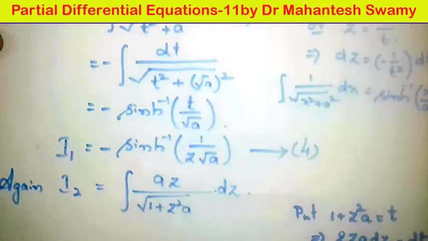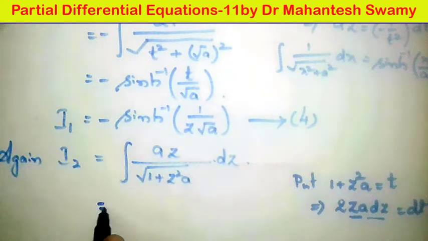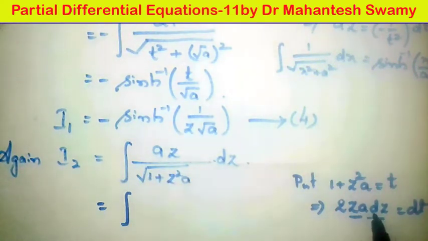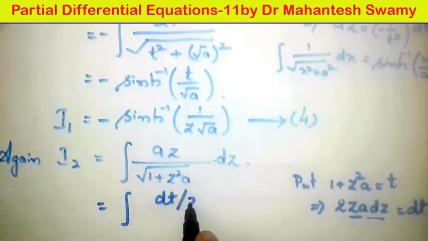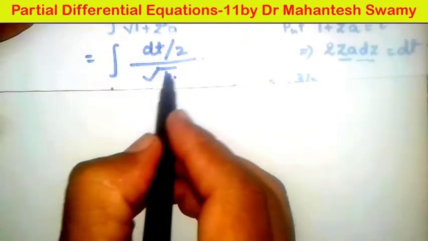So here we are having az into dz, this much we are having, we are not having 2. Therefore, the numerator becomes the integral of az dz, which is dt by 2, whole divided by root of t, as we called the entire thing t.